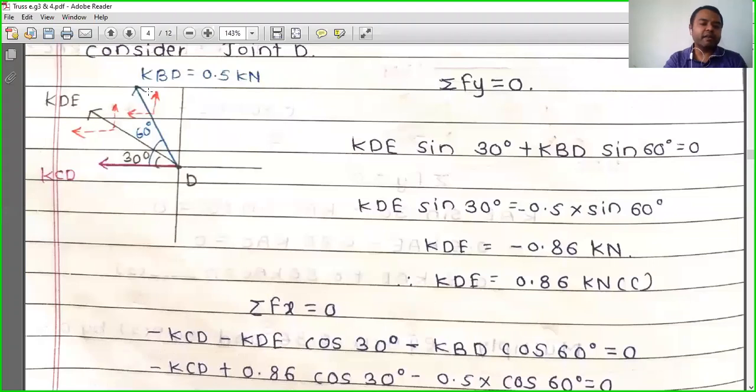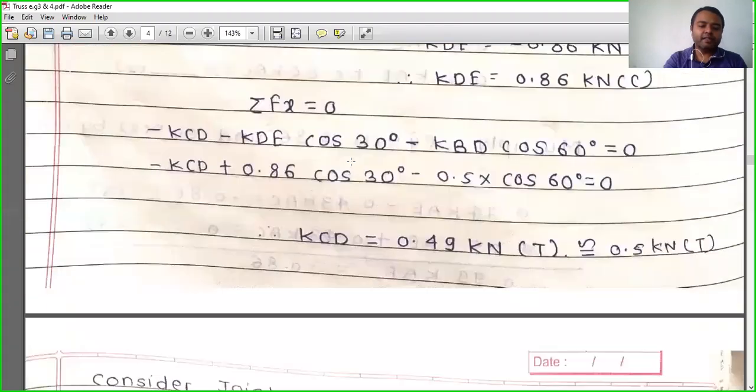We are getting KBD as tensile, so show the arrow away from the joint. KDE and KCD we have assumed tensile. Again, to this diagram apply summation Fy and Fx equal to 0, and get the final answer.